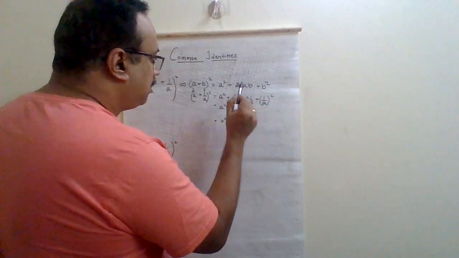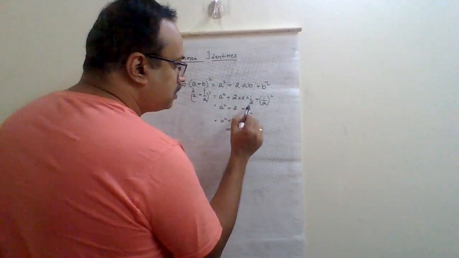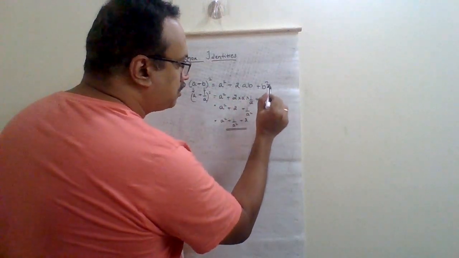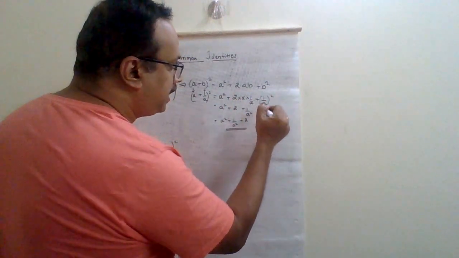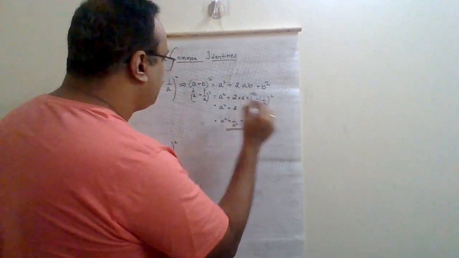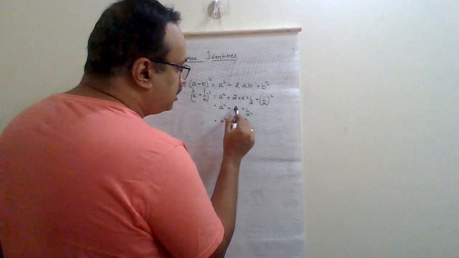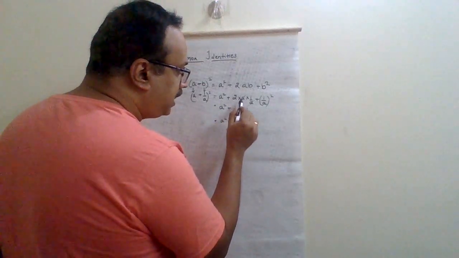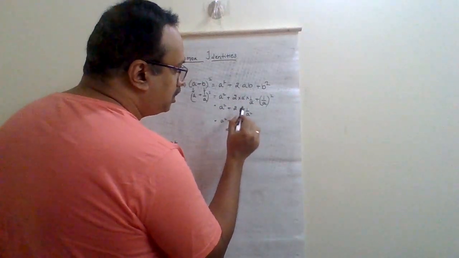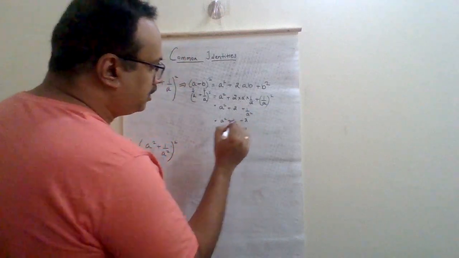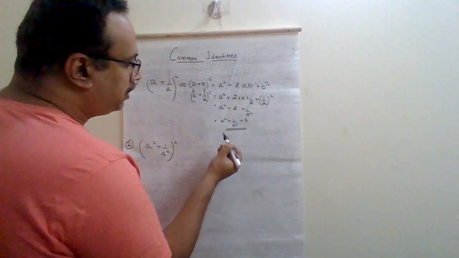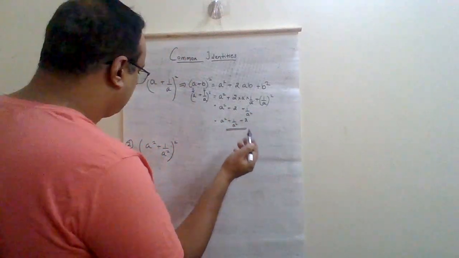What is b? b is 1 by a, so I put it as plus 1 by a whole square. Why? b is 1 by a. So this is equal to a squared plus 2. Why 2? Because a into 1 by a is 1. So it is 2 plus 1 by a squared. So this is equal to a squared plus 1 by a squared plus 2.